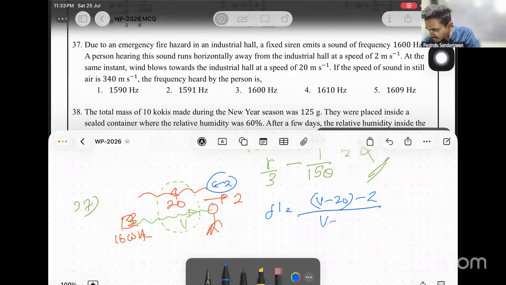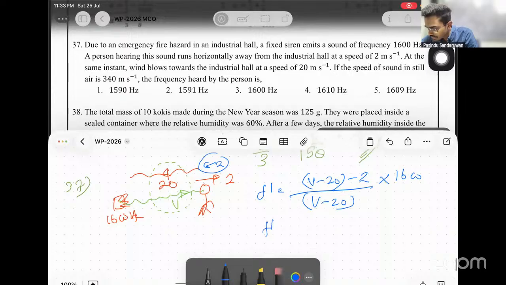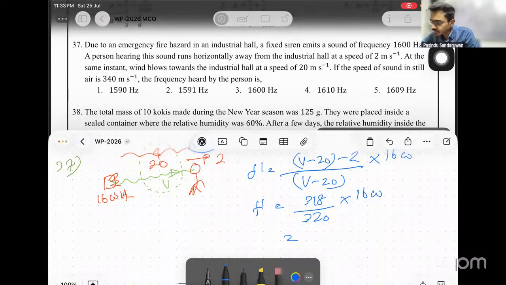Source is at rest, then v minus 20 into real frequency 1600. Then f dash equals 318 over 320 times 1600. Then 0 to 0 cancels, right? This is 16 times 2, then 160 times 0.2.